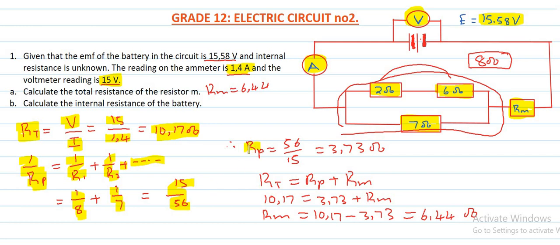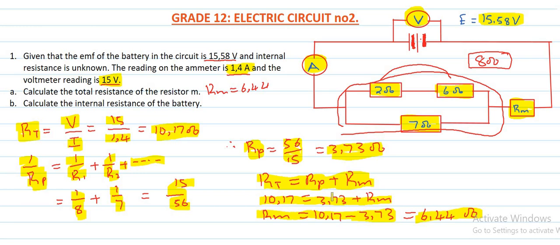Then to get Rp, not 1 over Rp, we say 56 over 15, and we got 3.73 ohms. Then we knew that the total resistance is the sum of R parallel plus Rm, so 10.17 equals 3.73 plus Rm. We transpose 3.73 to the left hand side, therefore Rm was equal to 10.17 minus 3.73, which is 6.44 ohms.